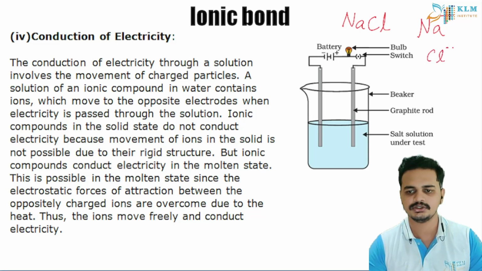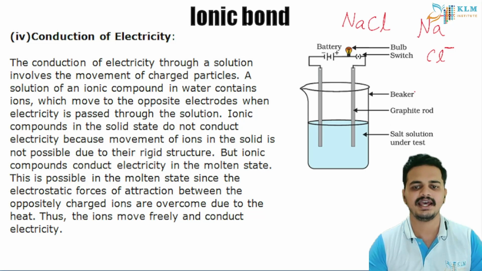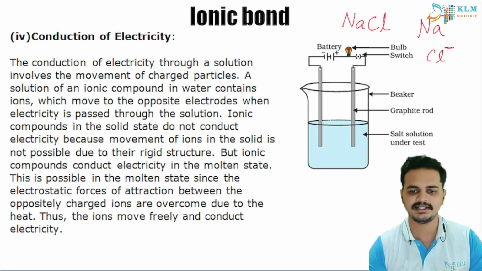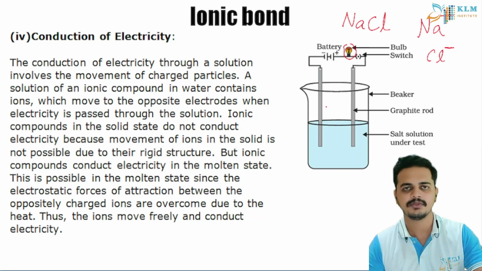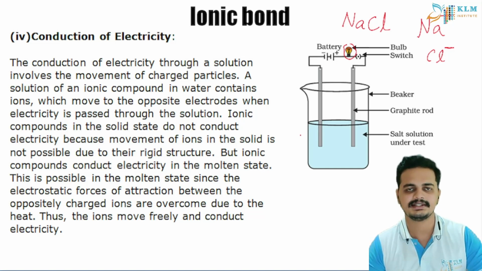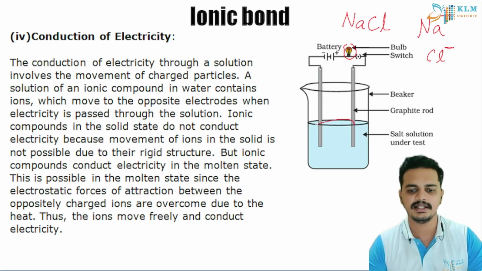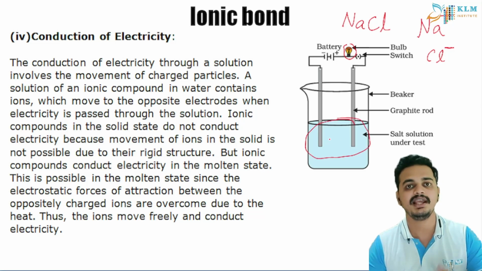These ions help electricity pass through. Here we have illustrated a small experiment. The conduction with regular water is lesser than when you add salt to water. If you try this experiment, the conduction of the liquid solution will be higher.